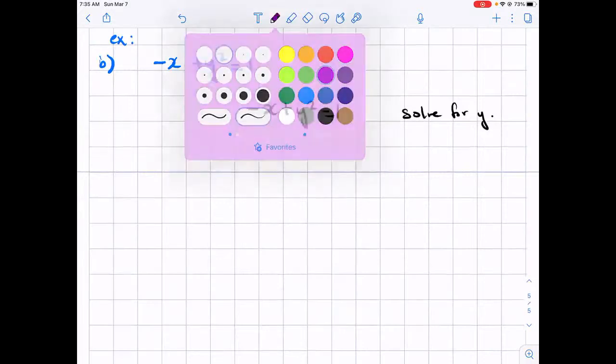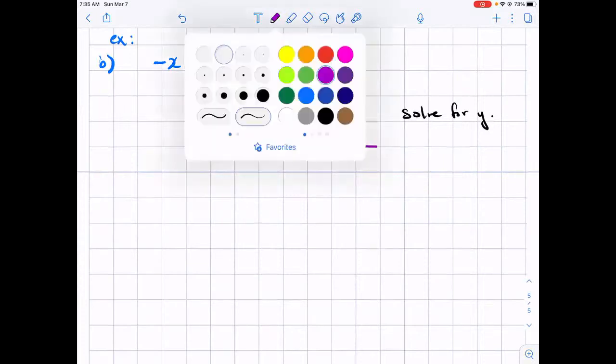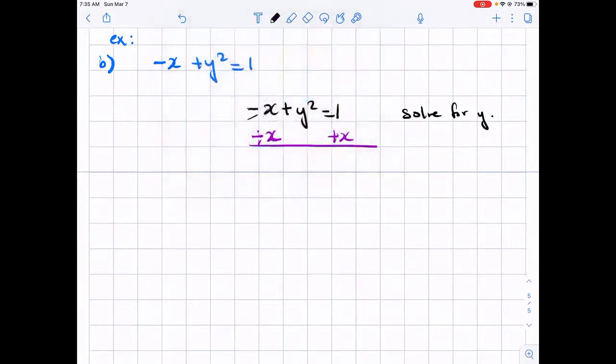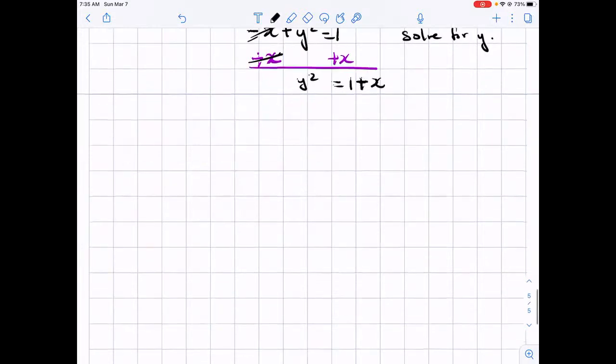So what we'll do is add x to both sides. And if we do this, we notice that the minus x and the plus x will cancel, leaving me with y squared is equal to 1 plus x.